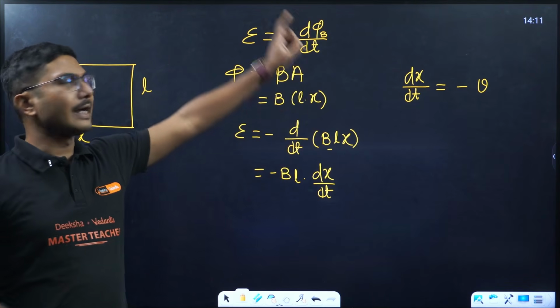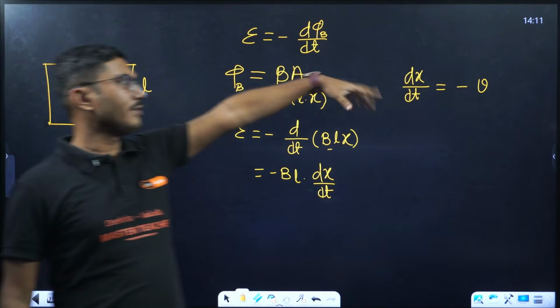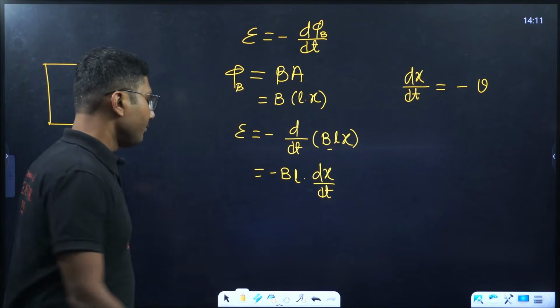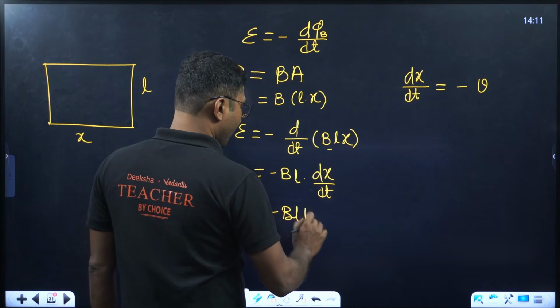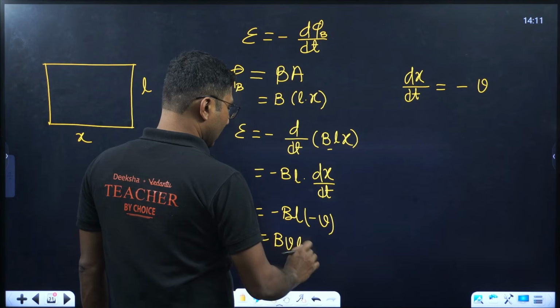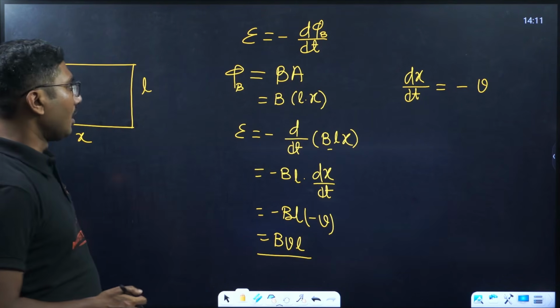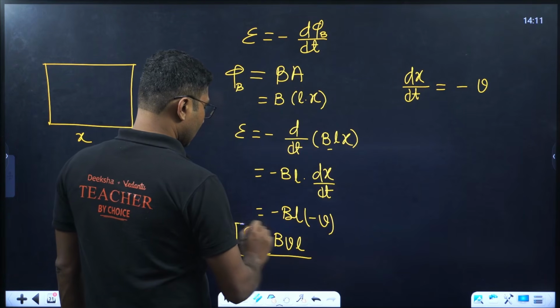This represents that as time is increasing, x value is decreasing, so negative of velocity v. So if you put that, you will get minus BL minus v, that is BvL. This is the induced EMF in a moving conductor.